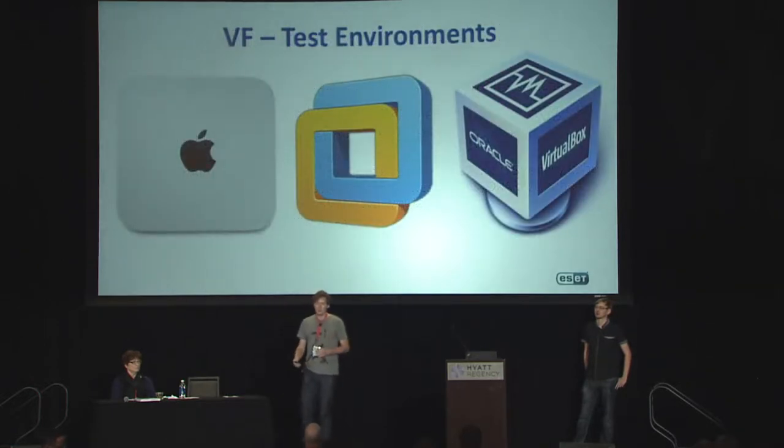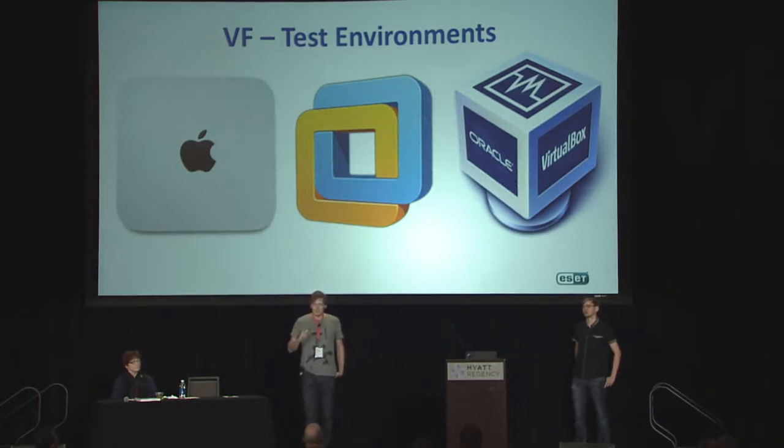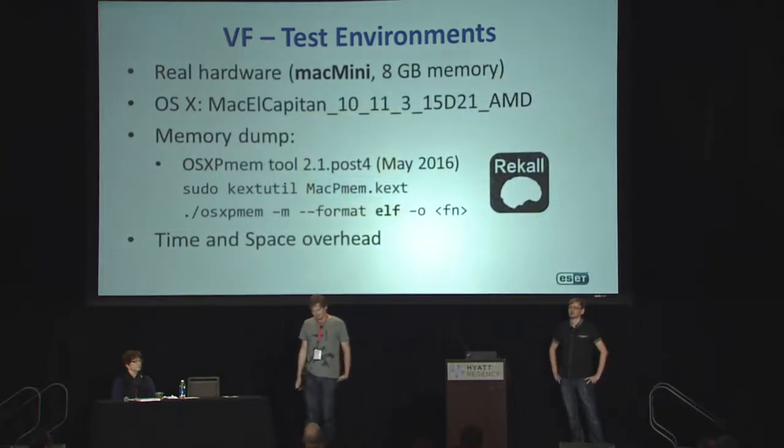Then our test environments. We have real hardware and two virtualizations, namely VMware and VBox. Real hardware is fine. It was a Mac Mini, 8 gigabytes of memory, running El Capitan. What was of great importance in this case was to achieve a memory dump from the system. We borrowed a tool called OSXPMEM from the Rekall framework.